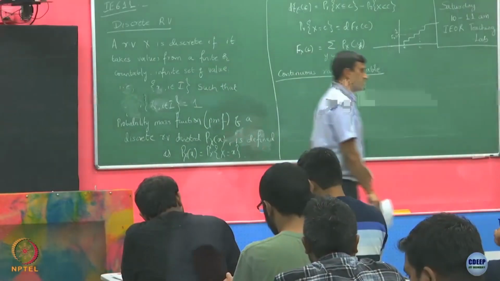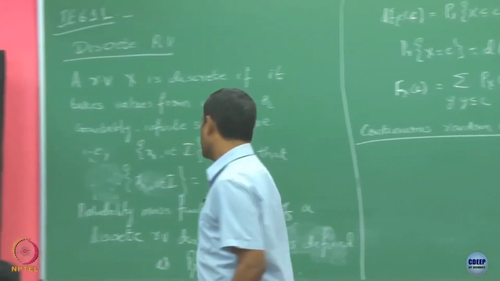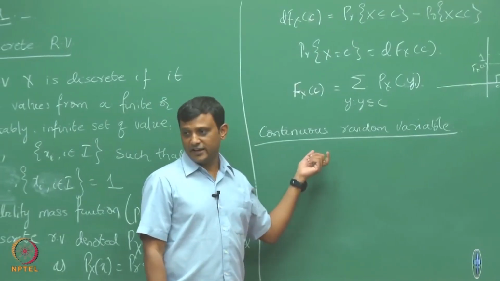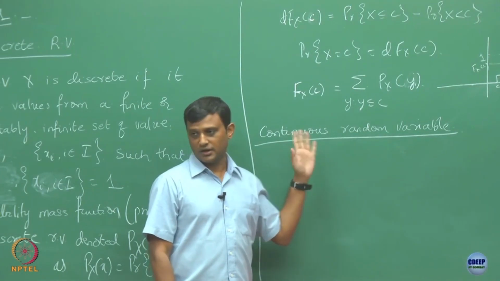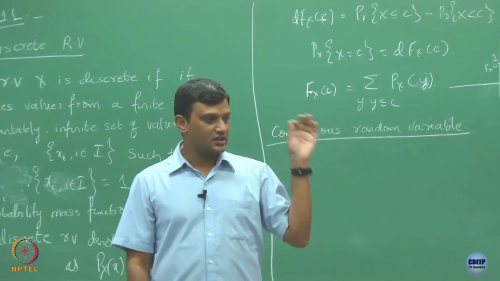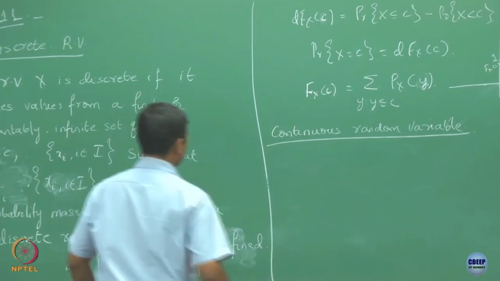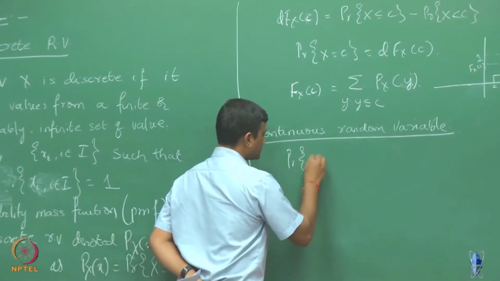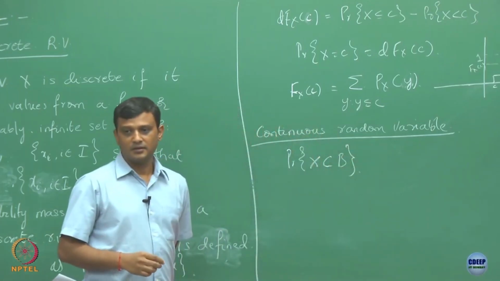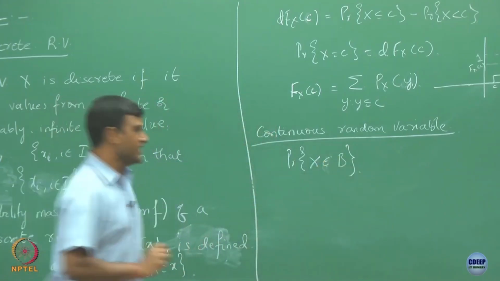Okay, so to make the notion of the probability of a continuous random variable falling in some interval, let us say I am interested in finding the following.